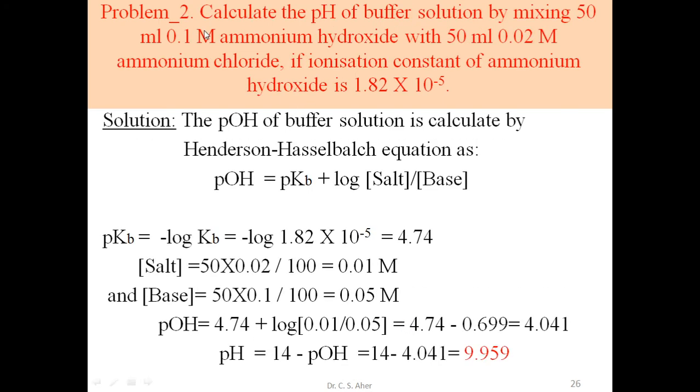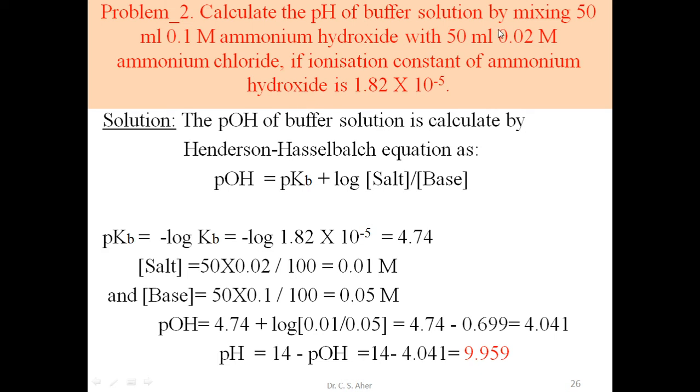Second example, calculate the pH. Again they asked to calculate the pH of a buffer solution made by mixing 50 ml of 0.1 molar ammonium hydroxide with 50 ml of 0.02 molar ammonium chloride, if the ionization constant of ammonium hydroxide is 1.82 into 10 raised to minus 5.